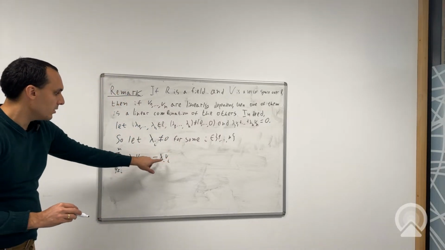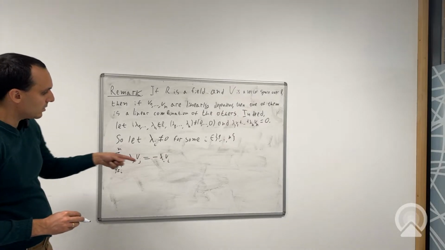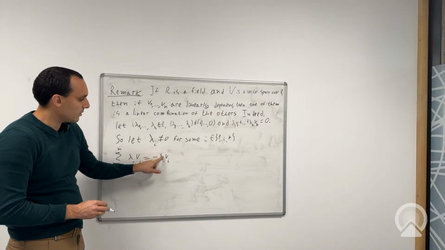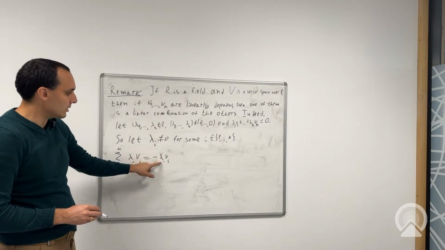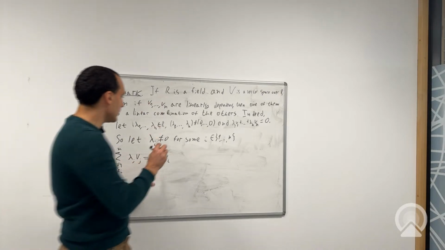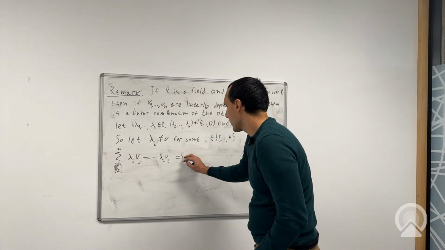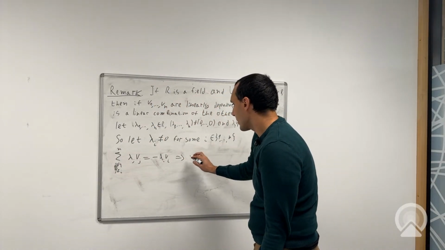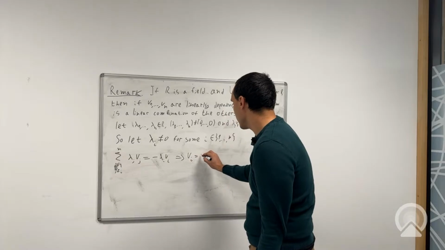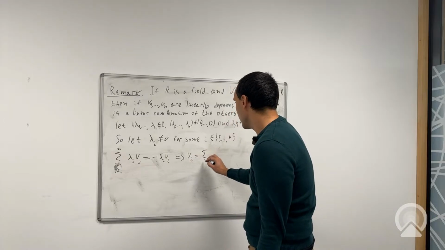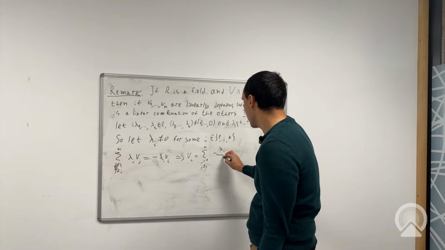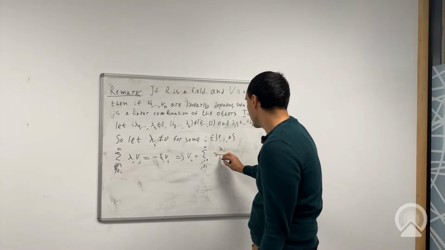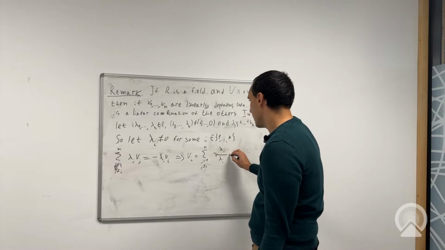Because this is a non-zero element in a field, we can divide by it, and this could not be done if R was only a commutative ring with unity. But here we can divide, and so we get vi is the sum over j from 1 to n, j not equal to i, of minus lambda j over lambda i vj.